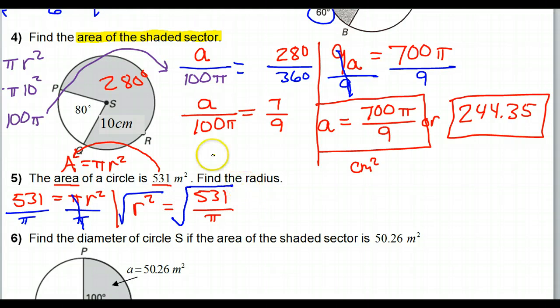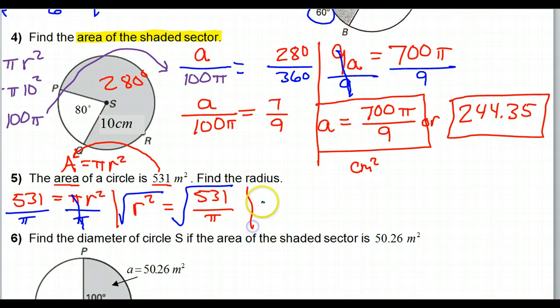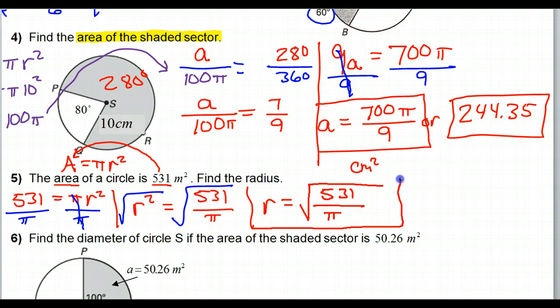Okay, now that is going to give me my radius. So look, as an exact answer, this is it. So my exact answer would be the square root of 531 over pi. You could feel free to put this right on your test, just like that. And this is going to be meters, because this is now a length.